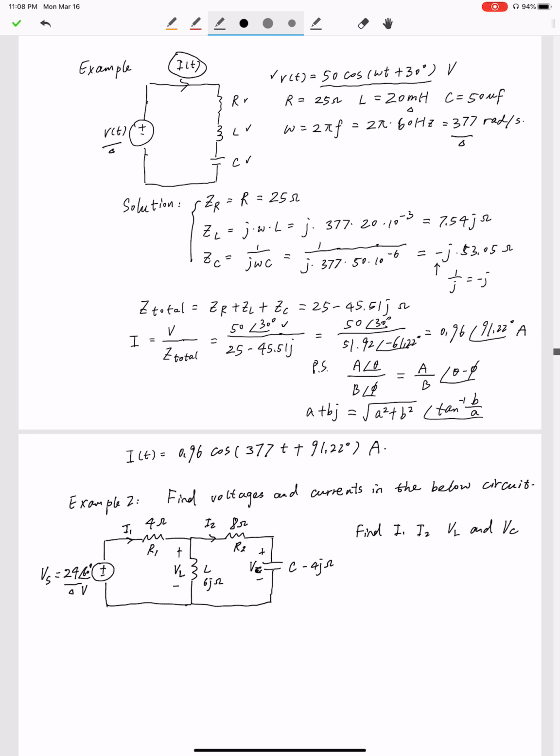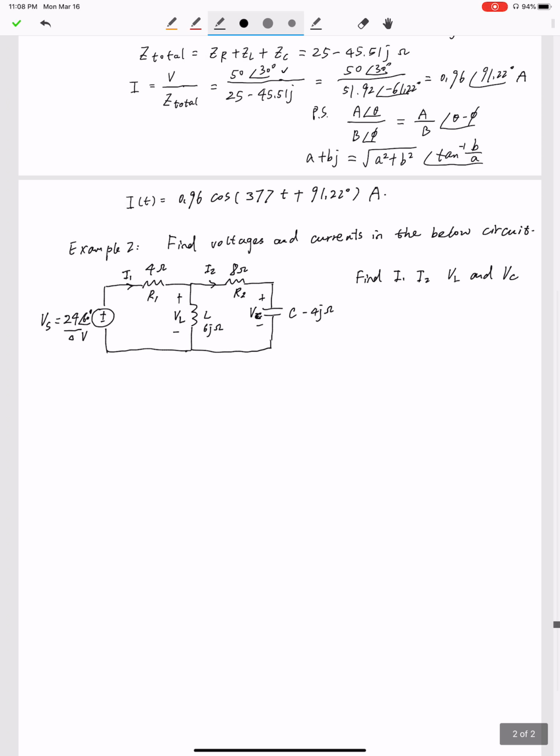All right. Since the question has given us all the necessary information, we can solve this problem directly and just treat it as a normal DC circuit.